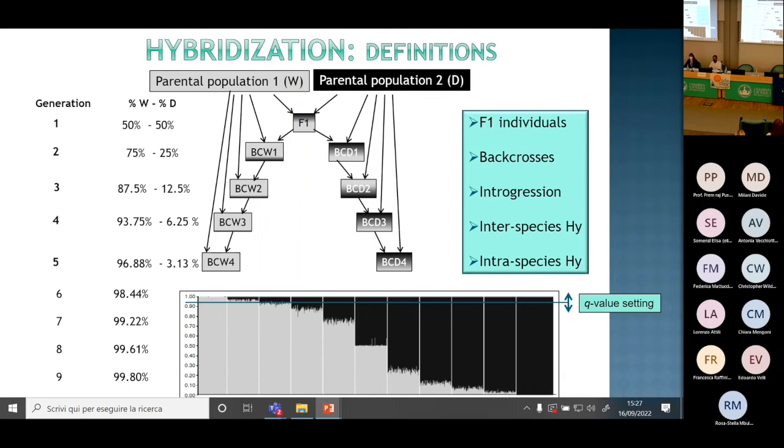And if backcrosses with the individuals of one of the parental populations go on, they can start the phenomenon of gene introgression, which implies the incorporation of genes or genomic variants from one taxon to another.